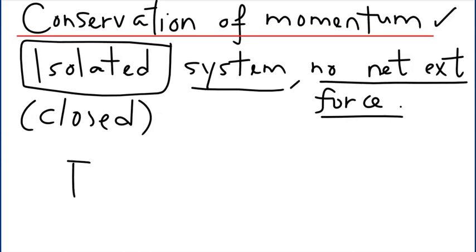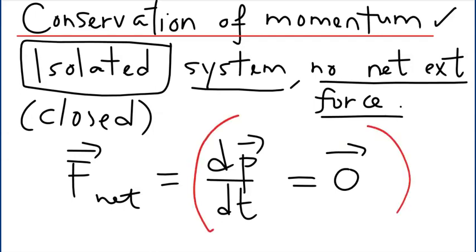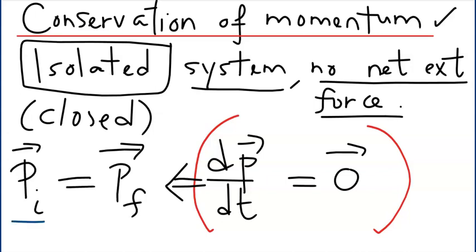Now, from the previous equation that we wrote down, since net force is related to the rate of change of momentum, if there is no net force on the system, that means the rate of change of the linear momentum of the system must also be zero. So when we say the linear momentum of the system does not change with time, we are simply saying that the initial linear momentum of the system is the same as the final linear momentum of the system. Initial and final states referring to two different states in time.